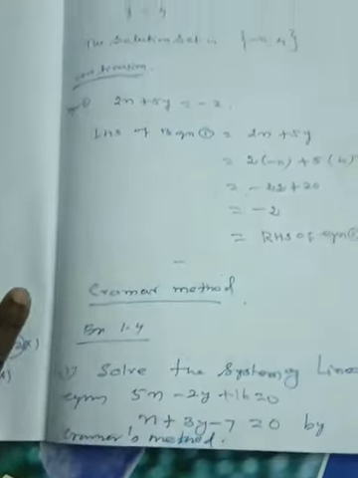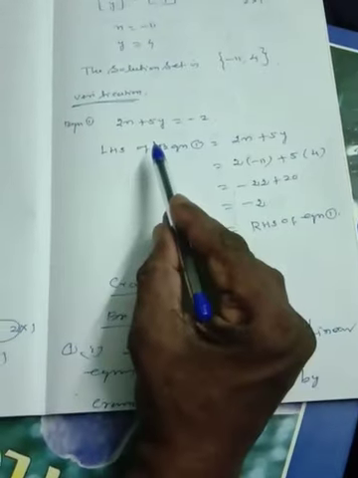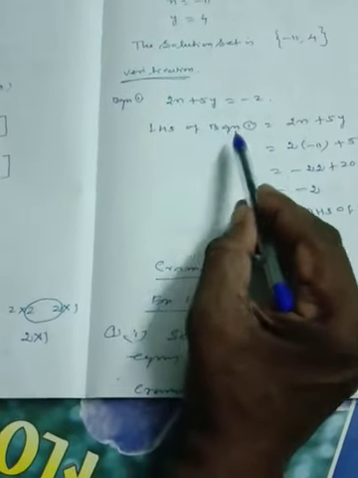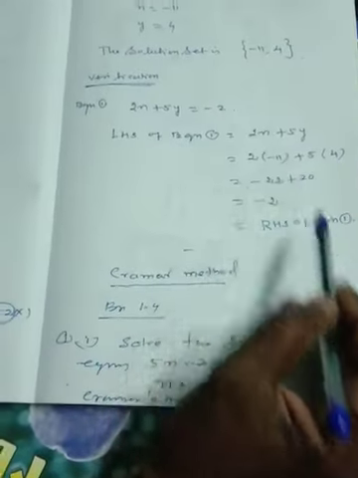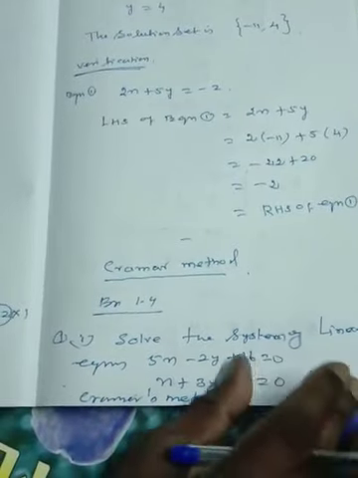Therefore we get the solution set. Verification: take any one equation, take the LHS, apply the solution, we get the RHS, then verification is over.